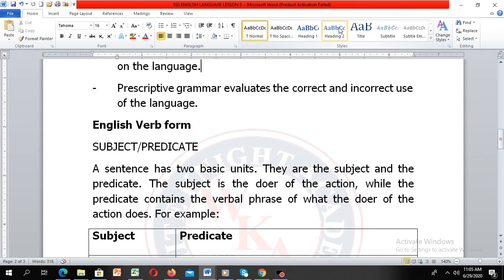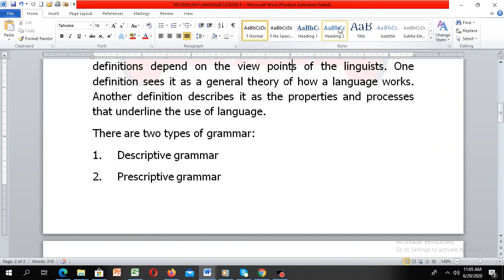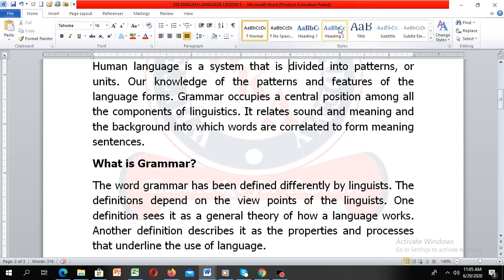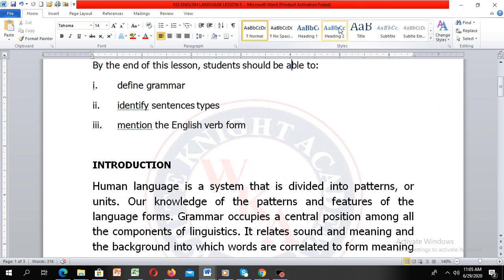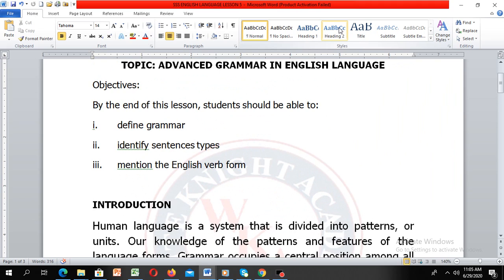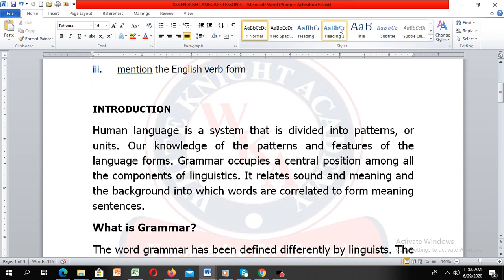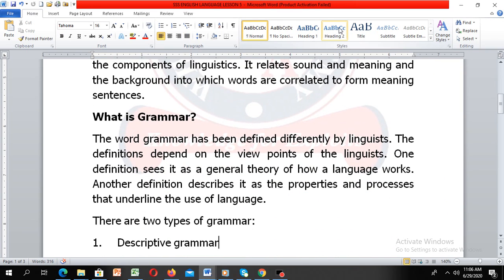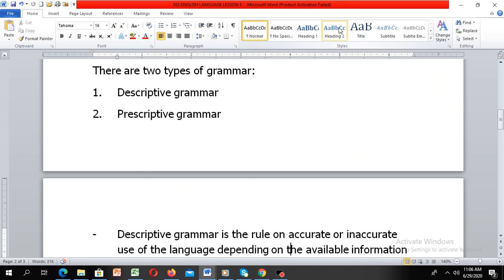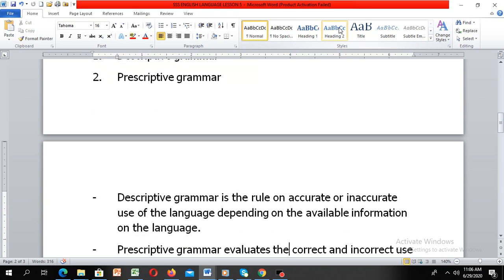Let me try to remind us of what we have been able to achieve this morning. We are looking at advanced grammar in the English language, and we've seen the types of grammar we have. We have 2 types of grammar: descriptive grammar and prescriptive grammar.